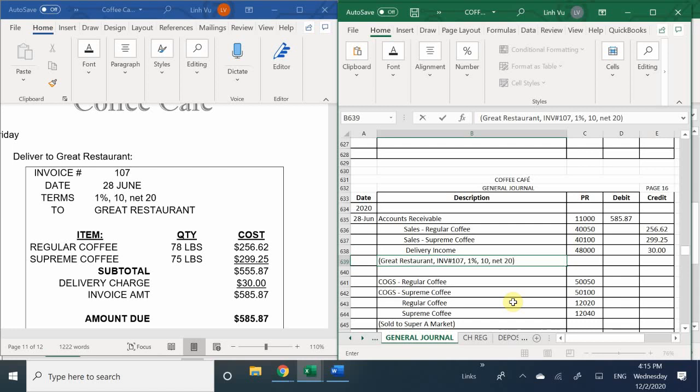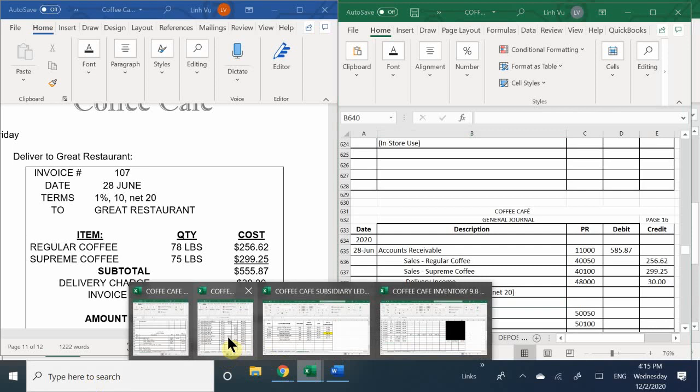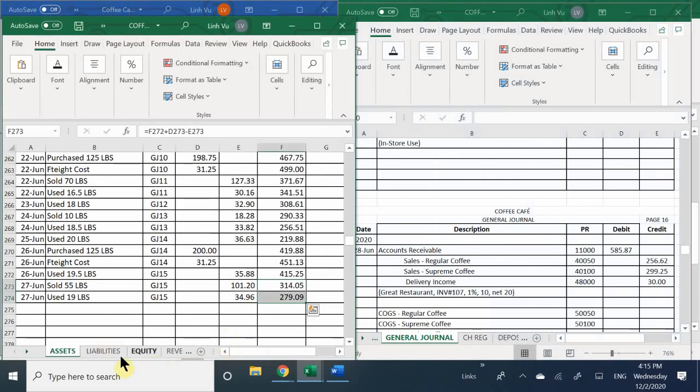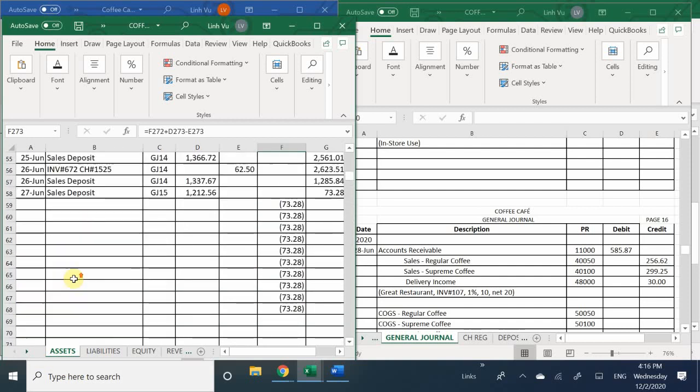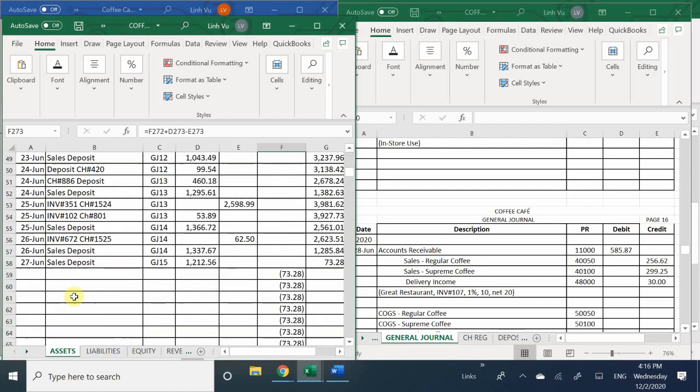Okay. And now we'll go to the ledger. And let's see here, accounts receivable. Accounts receivable, where did he go?